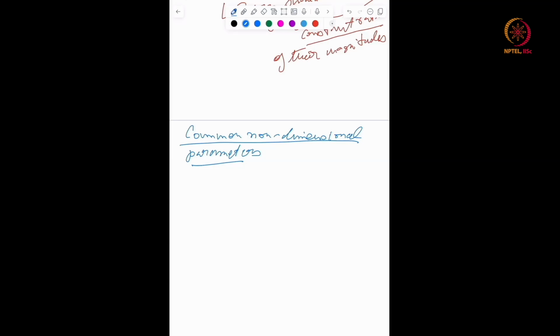These groups appear naturally when all terms in the governing equations are converted to their dimensionless forms by dividing all properties by their appropriate scales, which is called a similarity analysis. But you have to know the scales by having a very thorough understanding of the fluid mechanics of the problem.